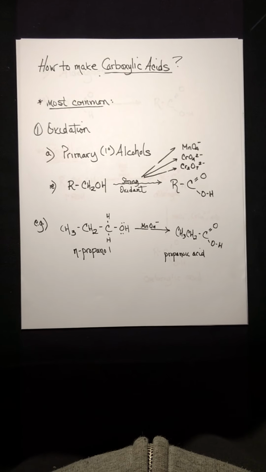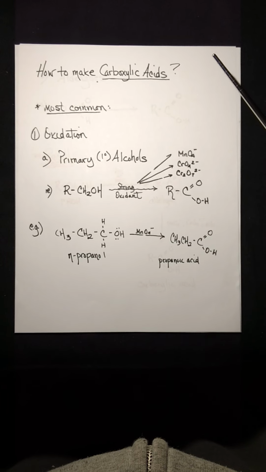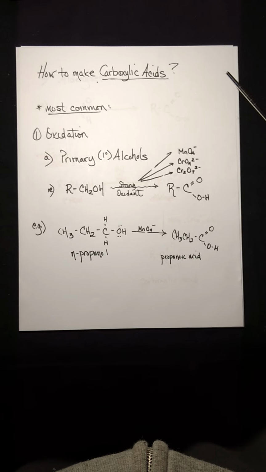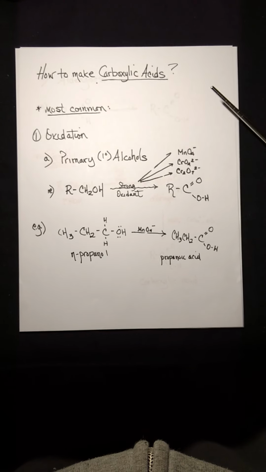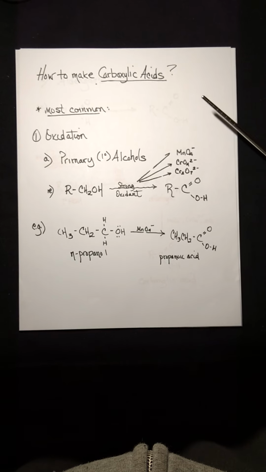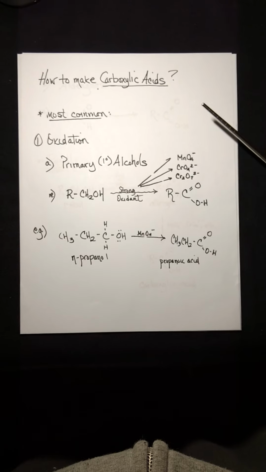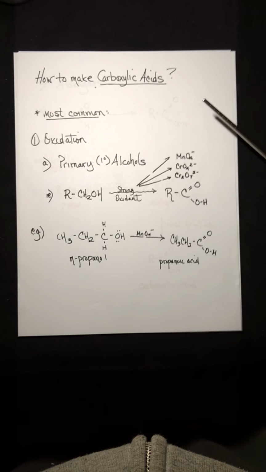Let's talk a little bit now about how to make a carboxylic acid. And we're going to look at some of the more common methods and maybe some of the lesser common methods. So we've already seen from previous discussions that oxidation is pretty big when it comes to making carboxylic acids.